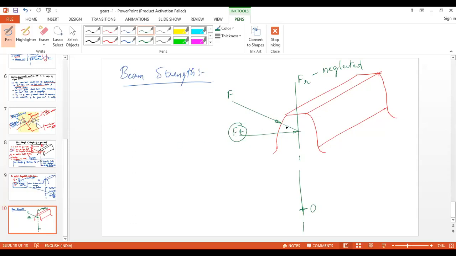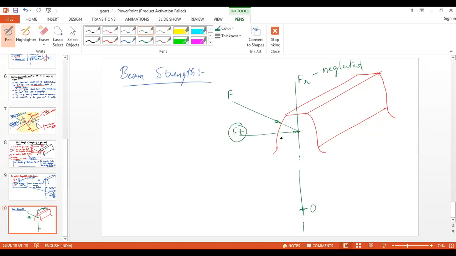So now this Ft induces the bending stress, and all our design calculations should be based on the bending stress only.